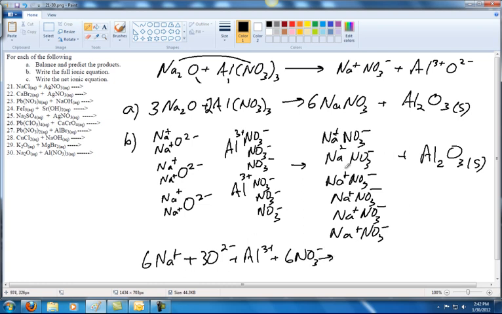We've got 6 Na pluses here. We've got 6 nitrates here. And now we've got the Al2O3, which doesn't split up into ions. Alright, so that is the full ionic equation right there.